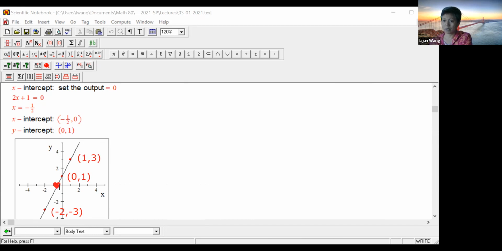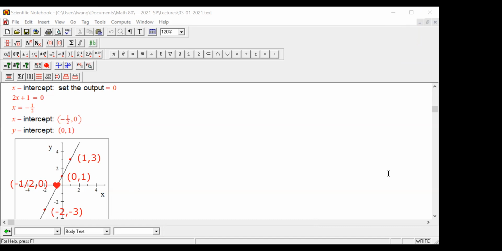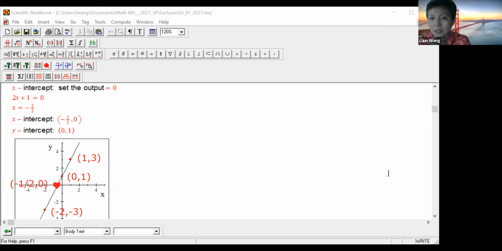This X-intercept point is going to be (-½, 0). And this other one, (0, 1), that's the Y-intercept. Is that clear, everybody? Is everybody with me? Yes. Very good.